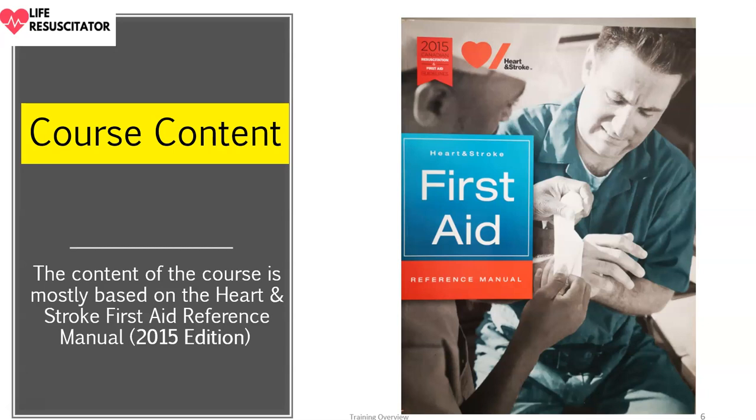So most, about 95 or 96 or 98% of what we're going to discuss will come from this book. Okay, so it is important you have it, because all we're going to say, all the practice we're going to do will come from this book.